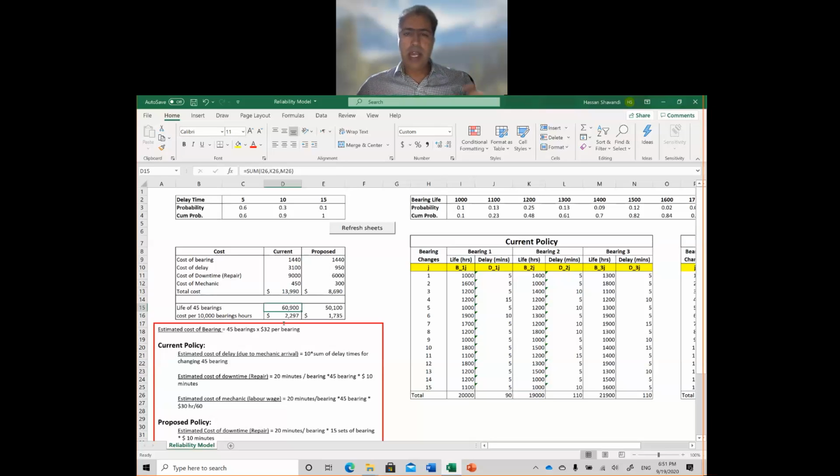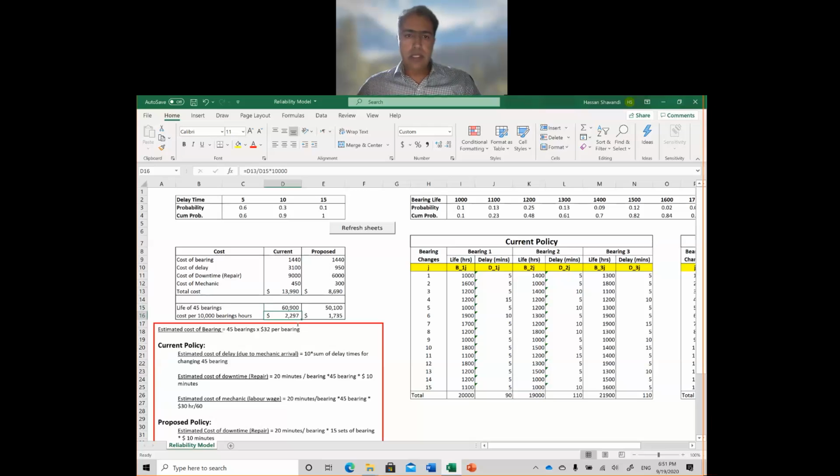But in order to have a measure that is comparable between these two policies, here we consider the cost per 10,000 bearing hours. Okay, and as you see here, we consider D13, which is the total cost, divided by D15, which is the life of the bearings, and then multiply this by 10,000.